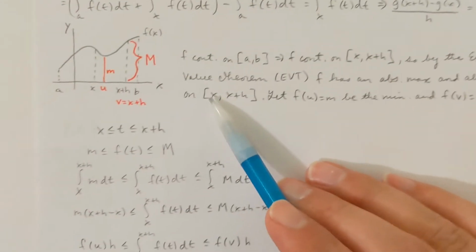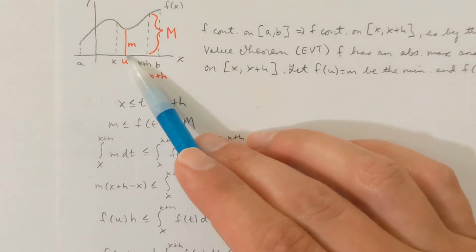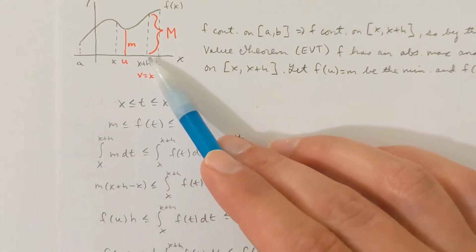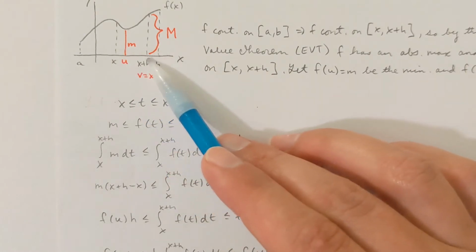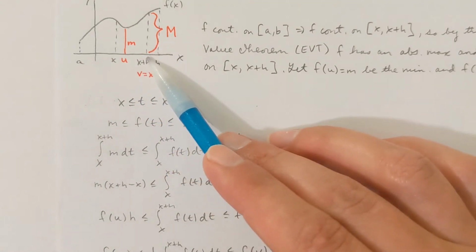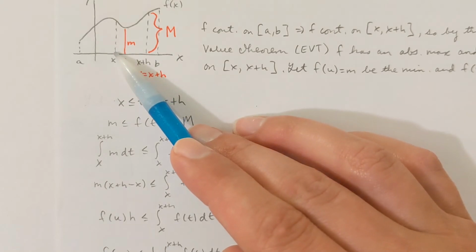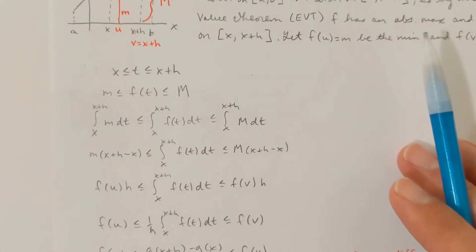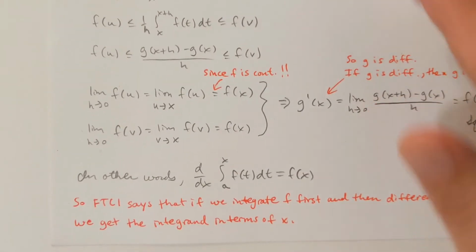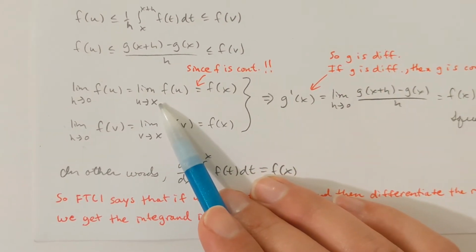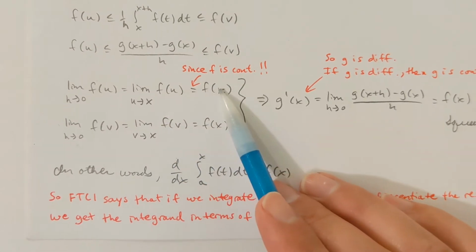Check it out. So from the picture, h is approaching 0. Okay, so this distance is shrinking if h is approaching 0. Now, as h is approaching 0, u would be approaching x. Okay? Now, the limit as u approaches x of f of u, that would be f of x.